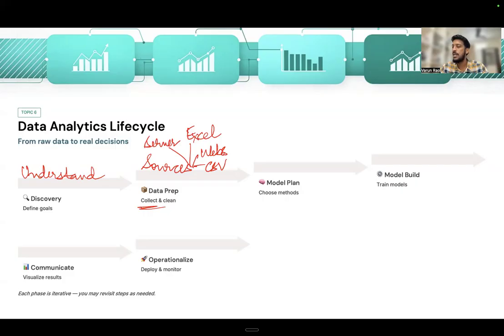Now, once this is done, you would be choosing the method and the approach that you would be taking to build the final output. And once you have the methodology, you would be building a model. Here, mostly you would be introducing machine learning, wherein you would be building a machine learning model and taking a test set and a train set, right?